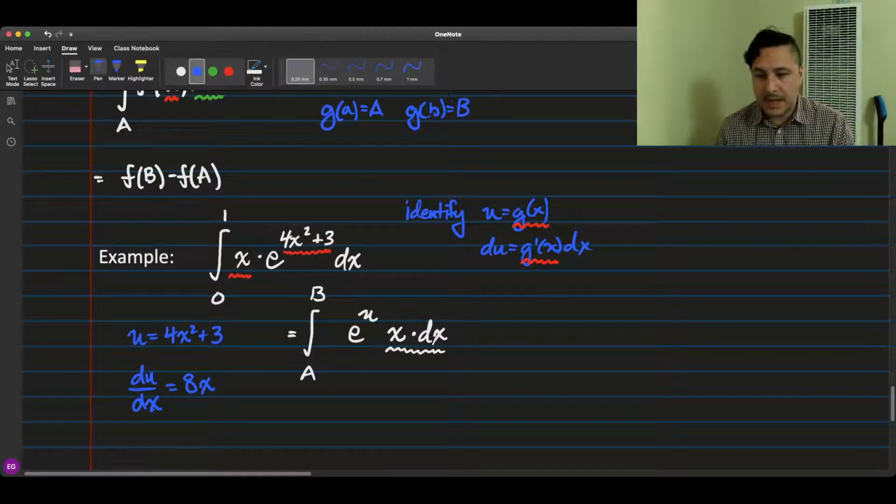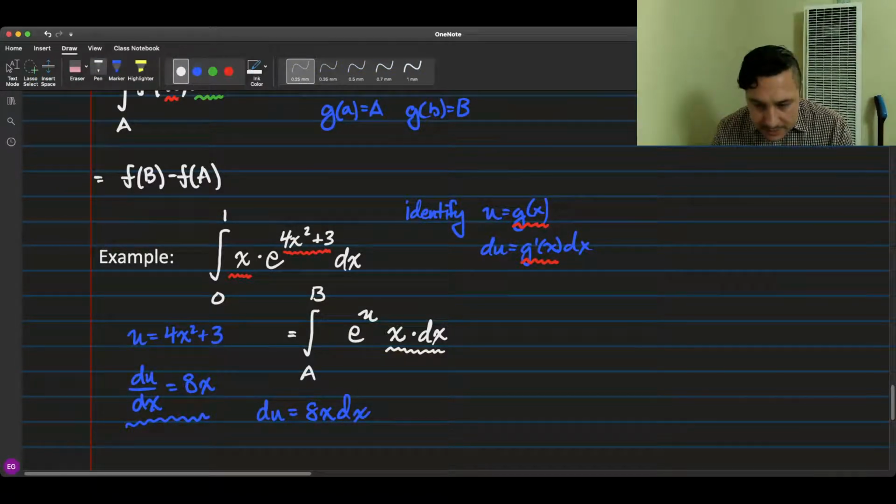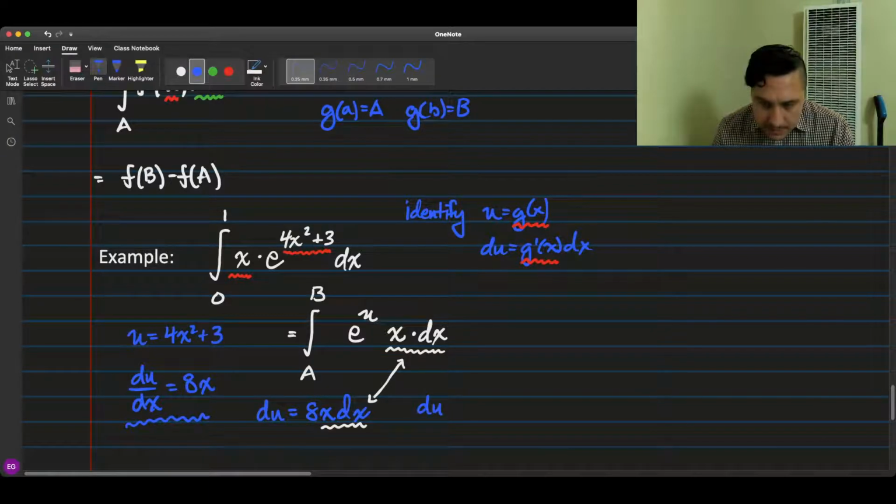If I come back to my du dx over here, if I multiply both sides by dx, I get du equals 8x dx. Now I have x dx. These two match, but I have this extra 8, so I'll divide both sides by 8. So I get 1/8 du is equal to x dx.